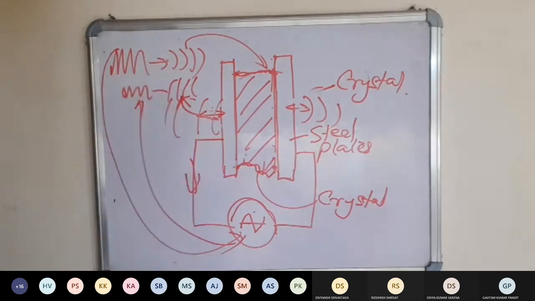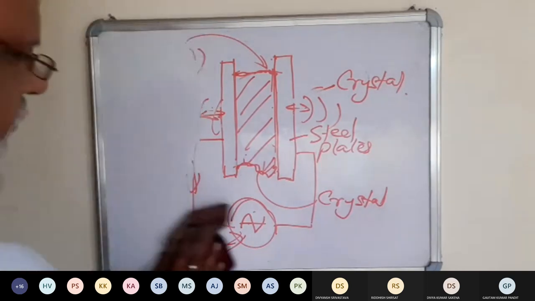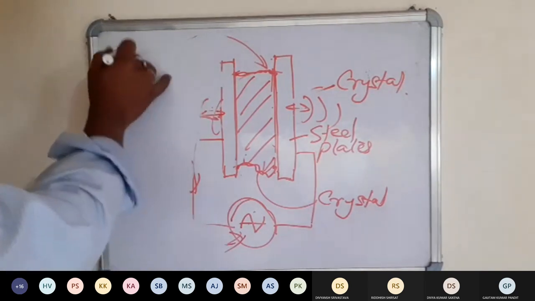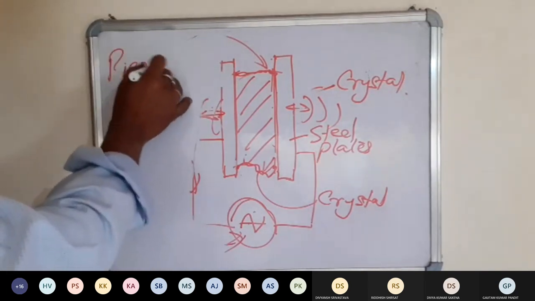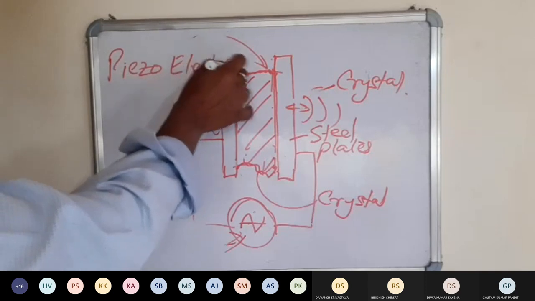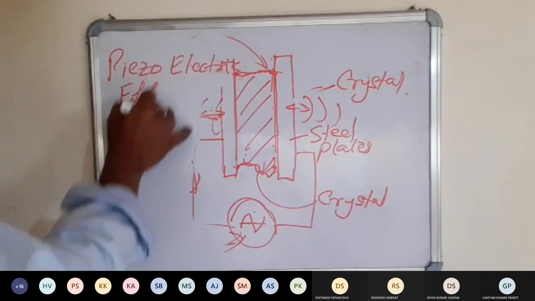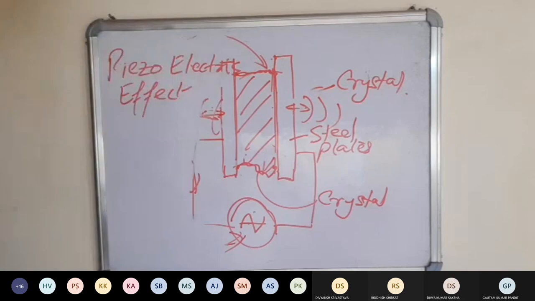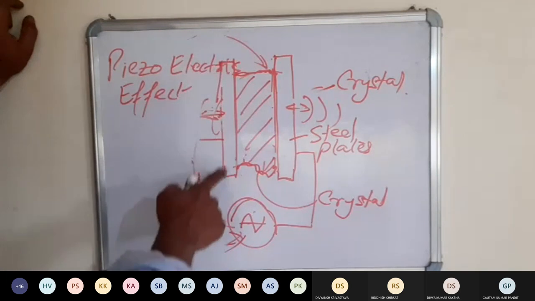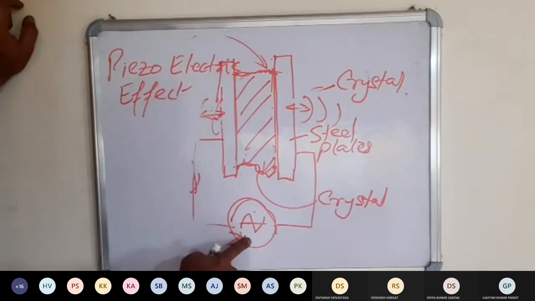This particular behavior was noted by a scientist called Mr. Pizzo. So this particular phenomenon is called the piezoelectric effect. As we have seen, the crystal, when applied with pressure, produces current.